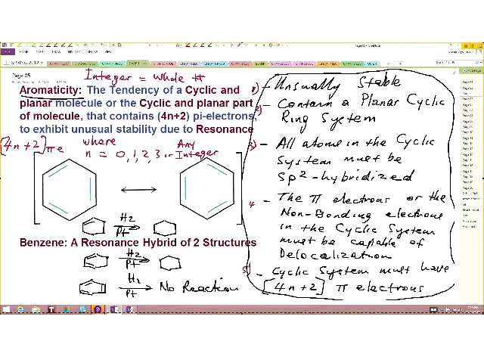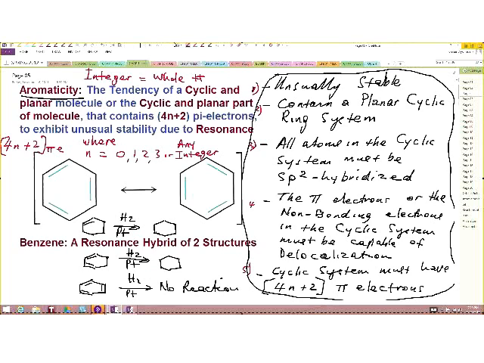If I say this molecule shows aromaticity, it means that it is unusually stable, contains a planar cyclic ring system, all the atoms in the ring system are sp2 hybridized, the pi electrons are capable of delocalization, and importantly, it must have 4n plus 2 pi electrons.